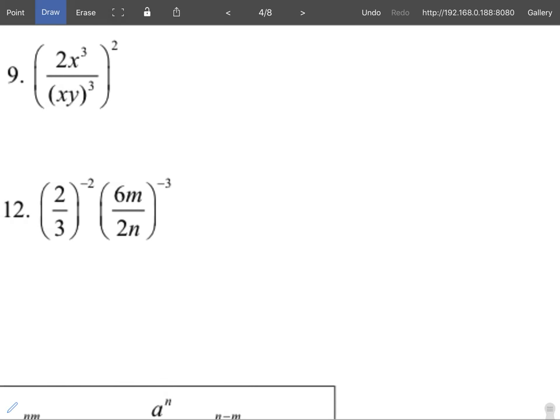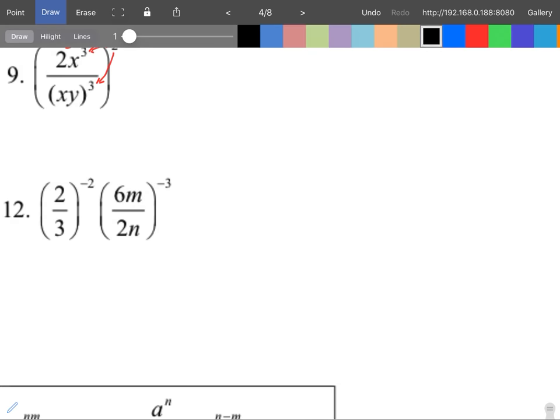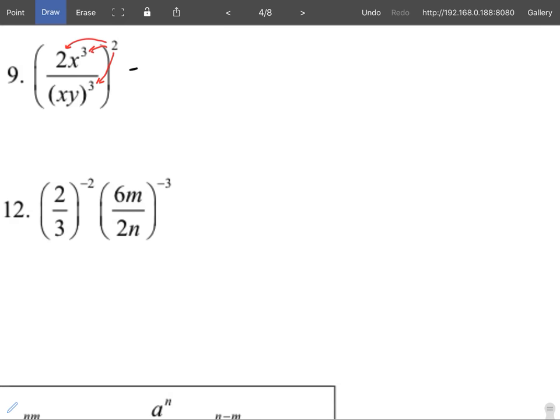All right. So number 9. Again, on number 9 here, I'm going to put the second power onto the 2 and onto the x cubed, and I'm going to put it on the denominator right there.